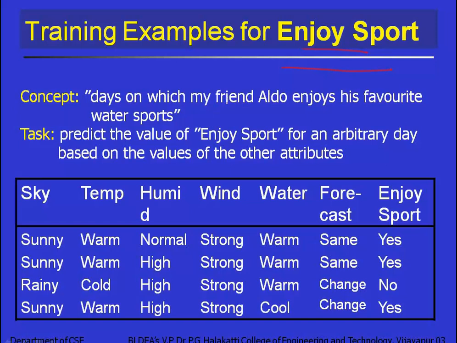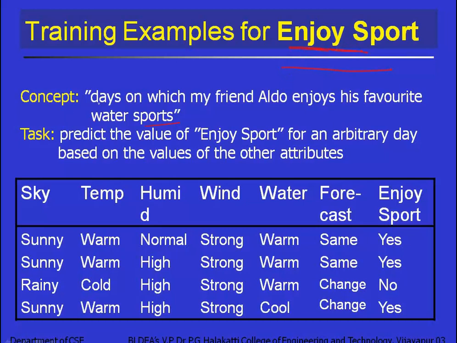That is what enjoy sports means. The attribute enjoy sports tells us whether the person is able to play water sports or not based on the weather condition. If the weather is good, in that case enjoy sports is yes, otherwise it is no.